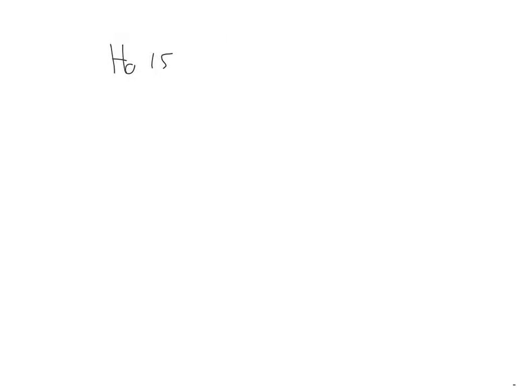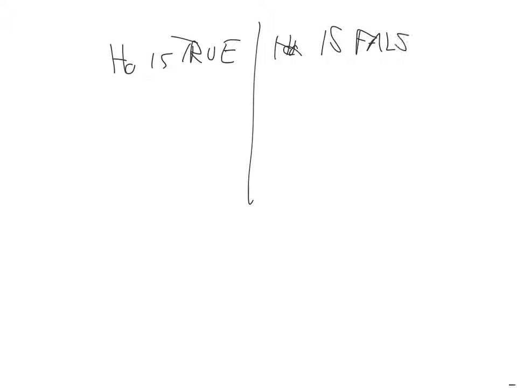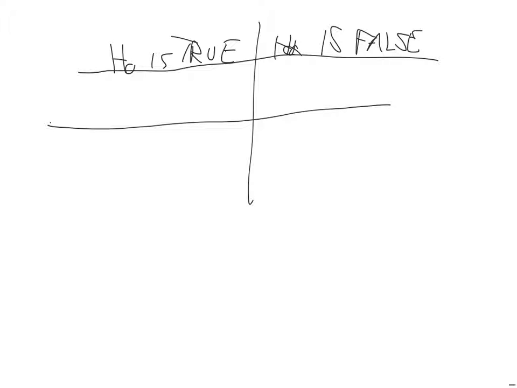So we have the truth, H0 is true, H0 is false. And then we have the decision over here. We reject H0, or we fail to reject H0.